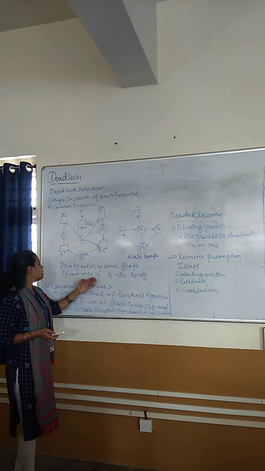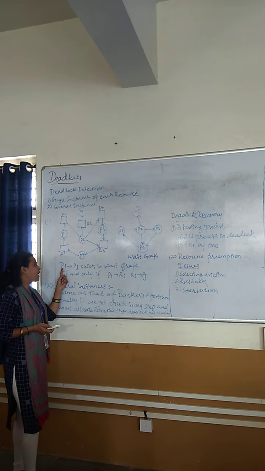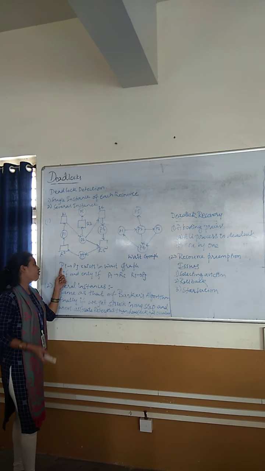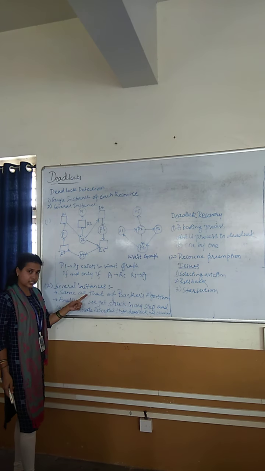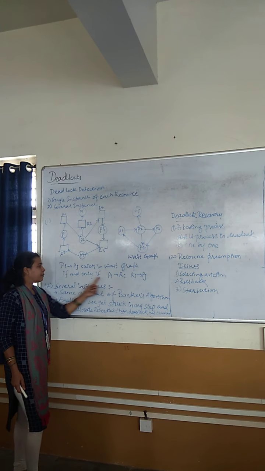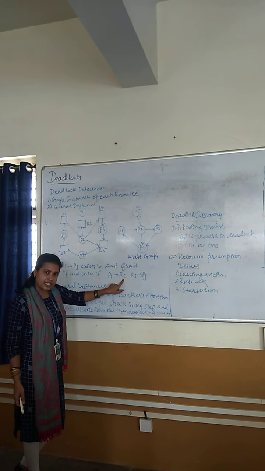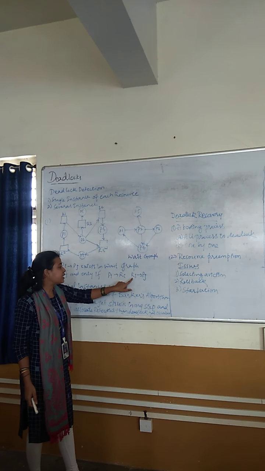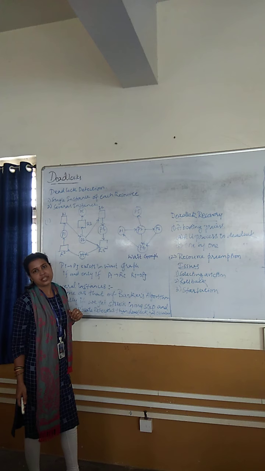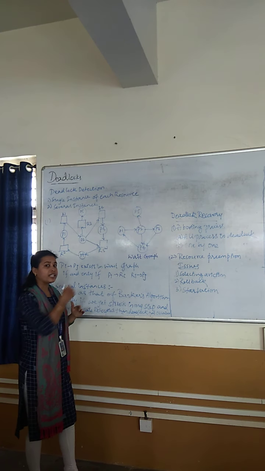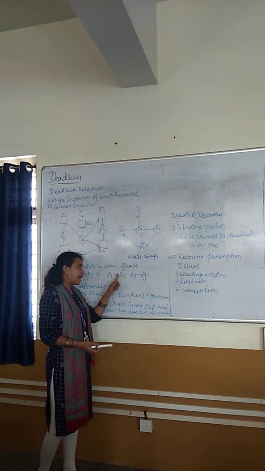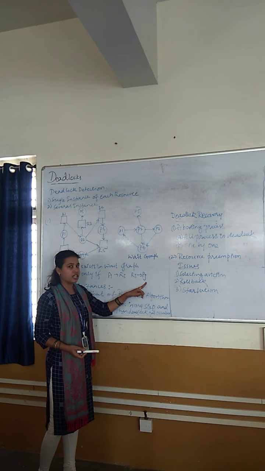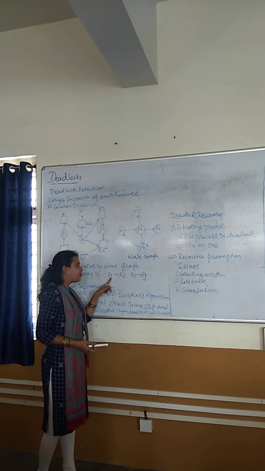An edge Pi to Pj exists in the wait-for graph only if Pi is waiting for Ri, but Ri is held by Pj. When Pi is waiting for a resource that is present with Pj, there will be an edge between Pi and Pj.